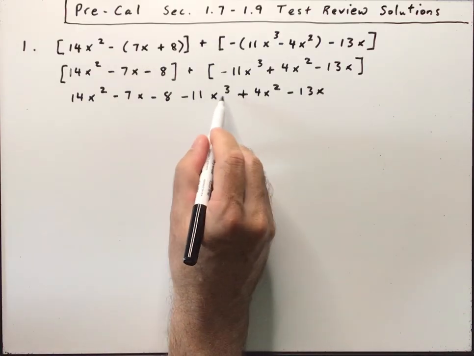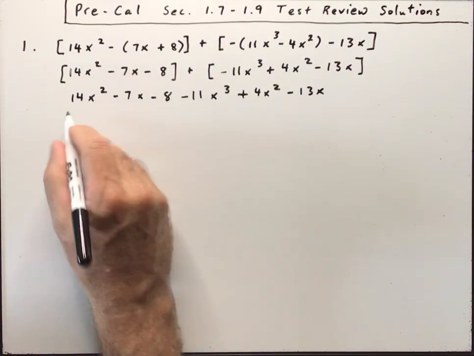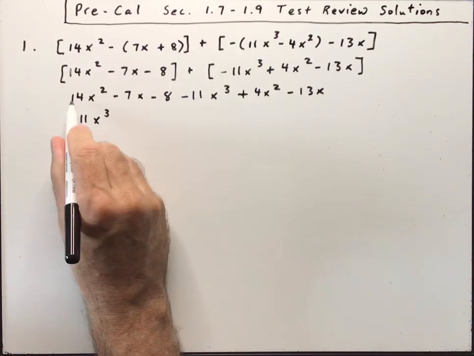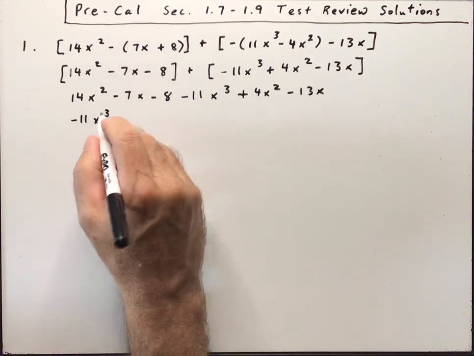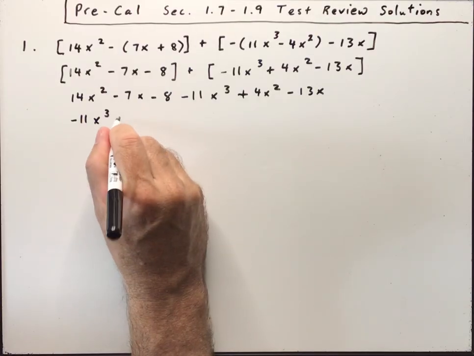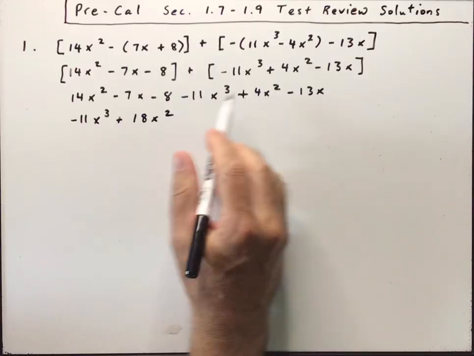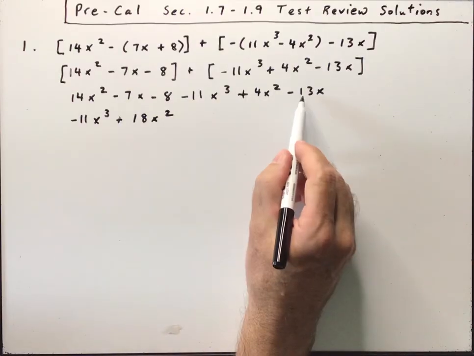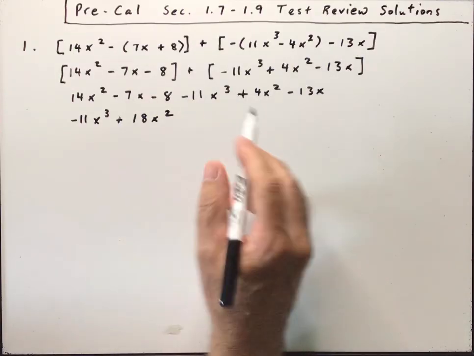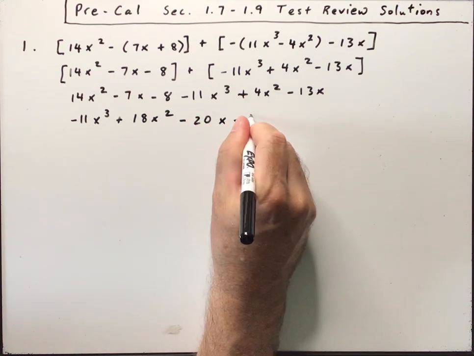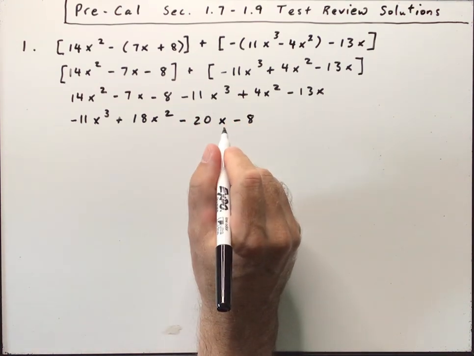So you want to start with the largest exponent, so that's going to be negative 11x cubed. And then we'd have 14x squared plus 4x squared. That's going to be plus 18x squared. And then we have negative 13x, negative 7x, that'd be minus 20x. And then you have the constant minus 8.